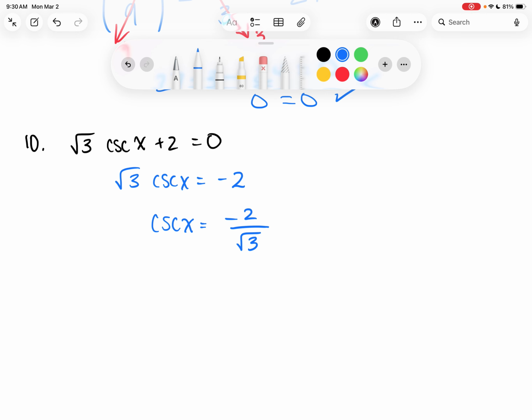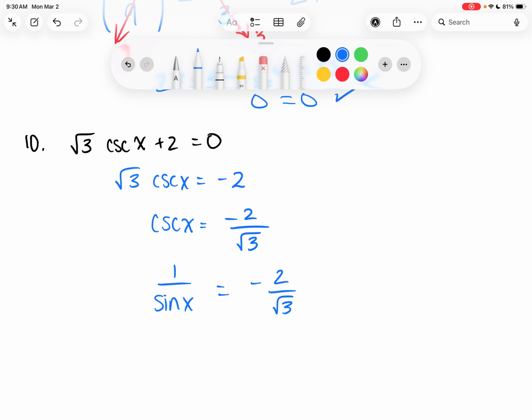Now, from the stuff that we had the quiz on at the end of last week, how can I rewrite cosecant as something that I know? Because on my unit circle, I don't have cosecant directly. So what's a way to rewrite cosecant? 1 over sine. Yep. So I'm going to treat this as 1 over the sine of x is equal to -2 over root 3.